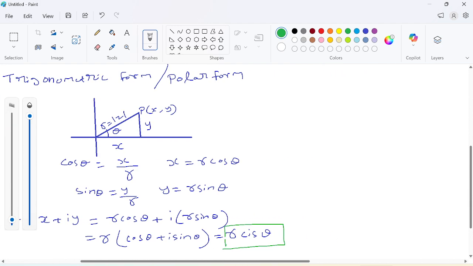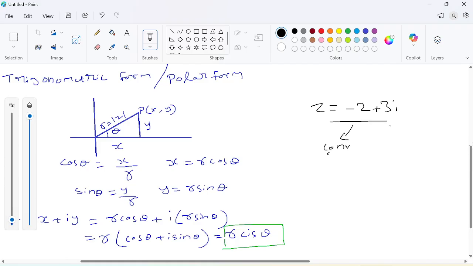See, for example, there might be a question where a complex number is in normal algebraic or Cartesian form, like z is equal to minus 2 plus 3i, and you have to convert this to polar form.